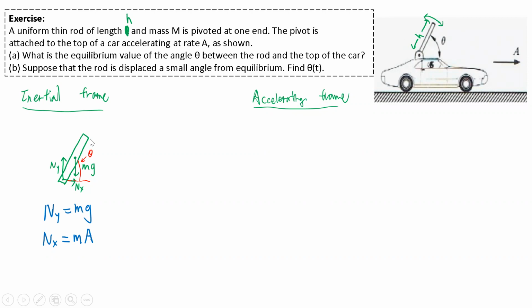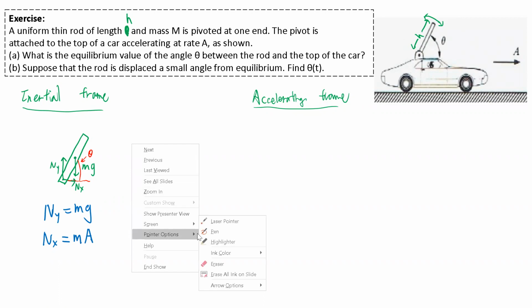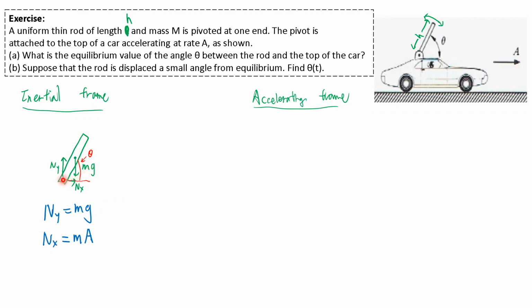But what you need to be careful about is which reference point we should take. When I talk about the torque, I need to take a pivot point and then do r cross F. Should I be talking about the torque about this pivot point, or about the center of mass, and then set that to 0, right?